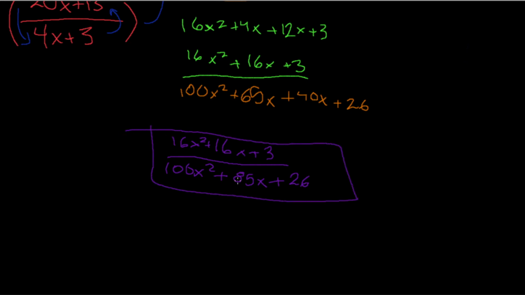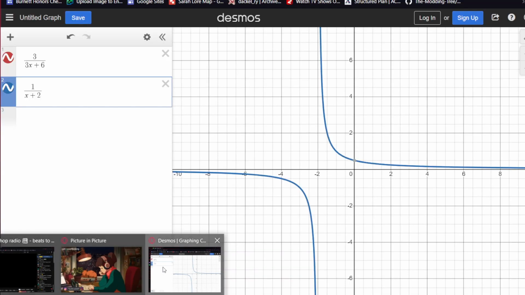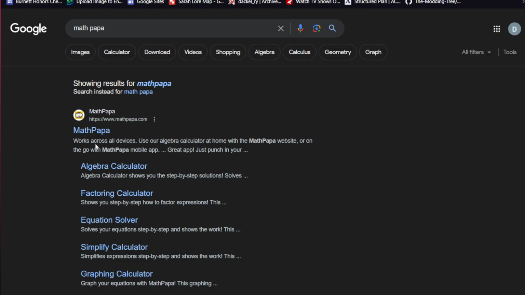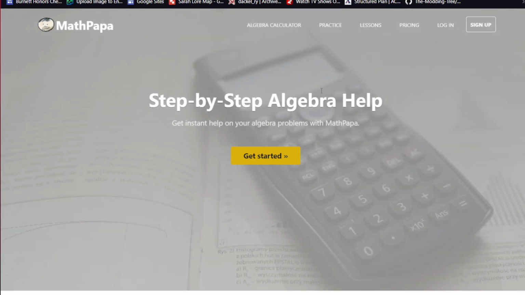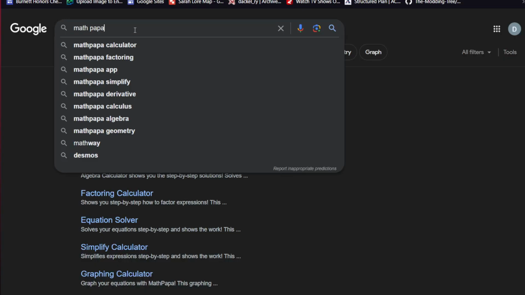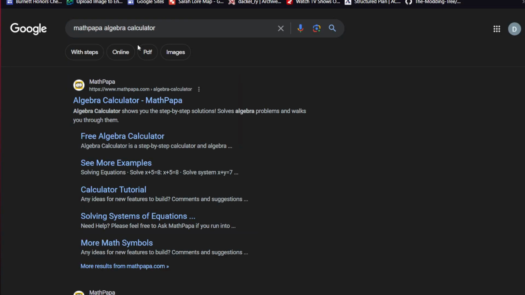Boom. Those are two quadratics just on top of each other. And if we go to our trusty, love this website, Math Papa, I'll try to calculate. There we go.